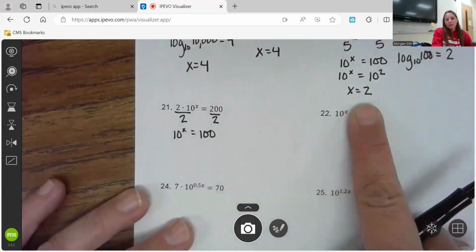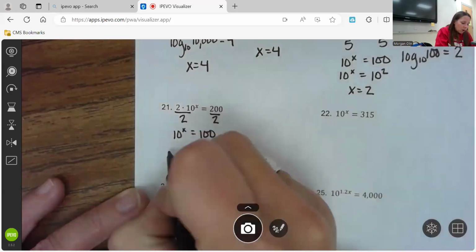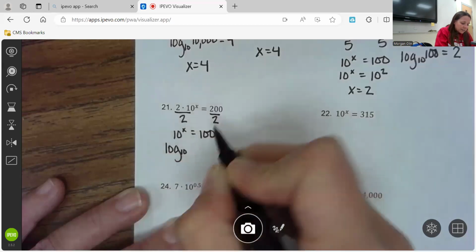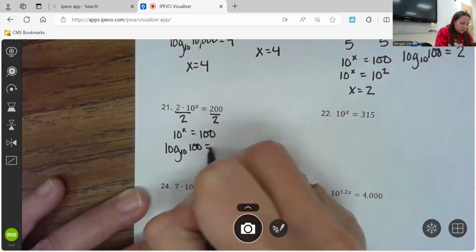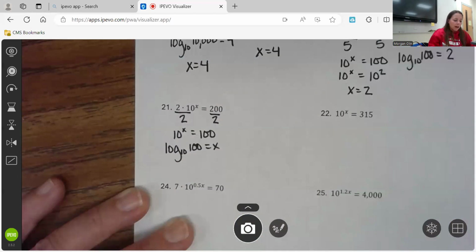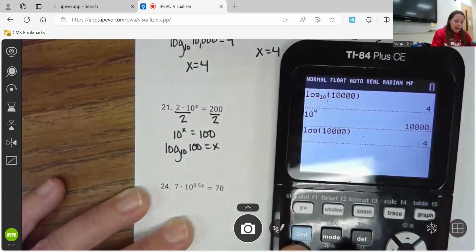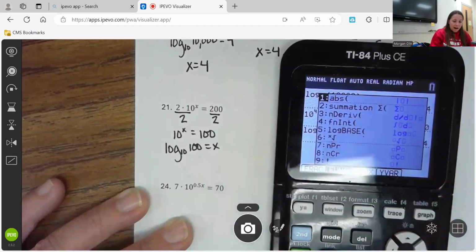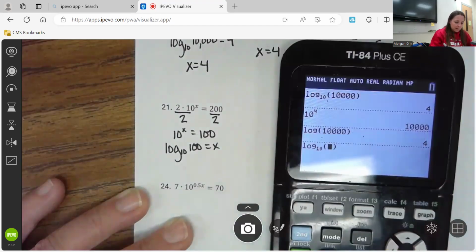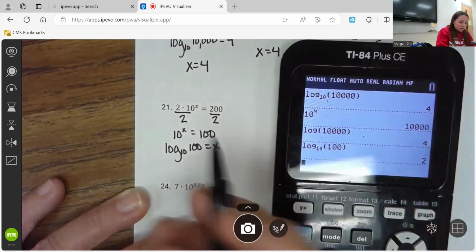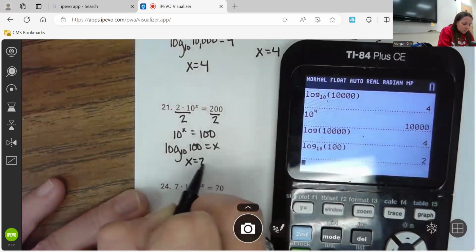But what if I don't know how to do that? Put it in log form. Log base 10 of 100 equals x. And we go to our calculator. Alpha y equals, scroll over, and I'm going to do number 5. 10 and then 100. And I get 2. So x equals 2.